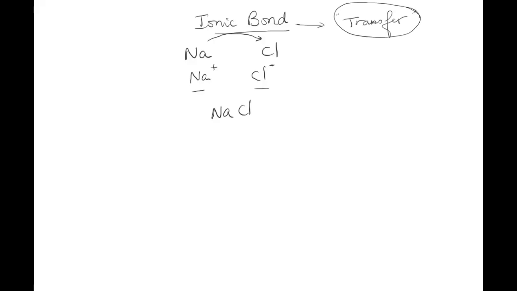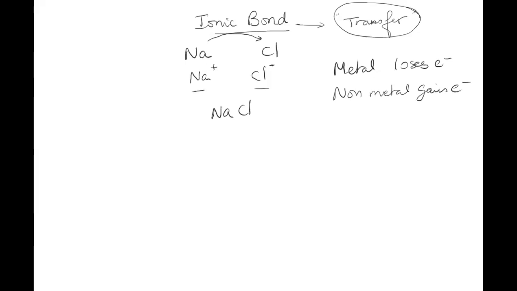Now, think about that. Who loses the electron and who gains the electron? Always, in all cases, whenever an ionic bond forms, the metal loses the electron and the non-metal gains the electron. And that's why an ionic bond is always formed between metal and non-metal.